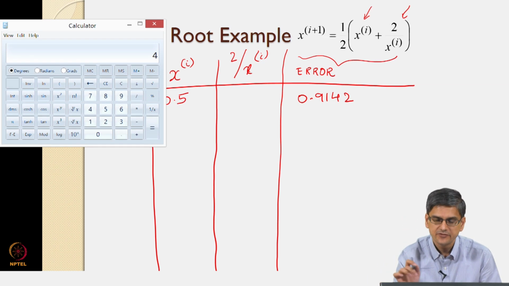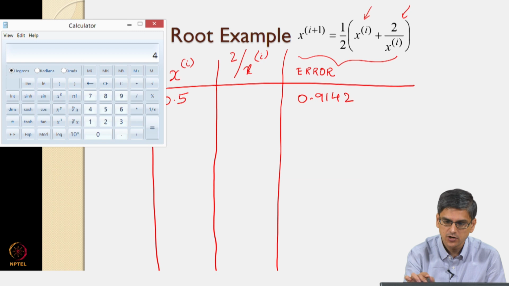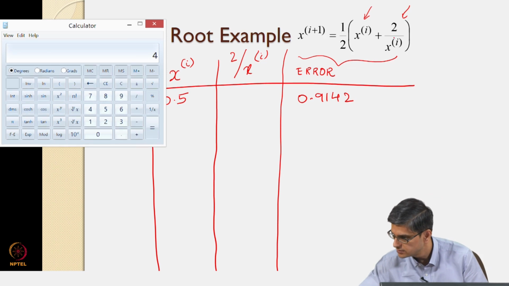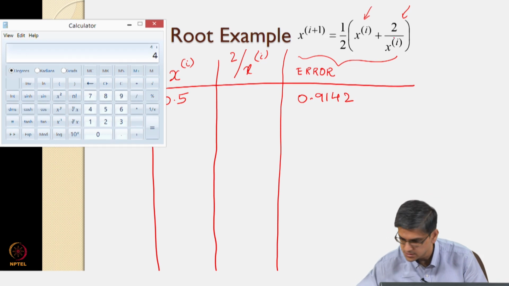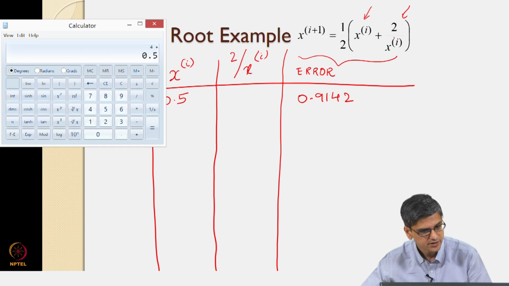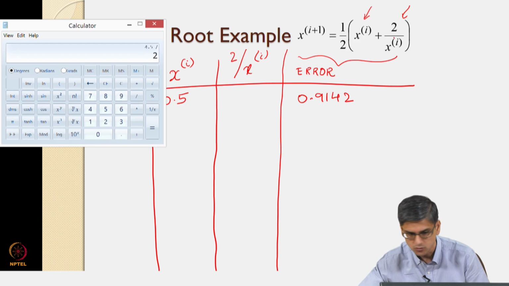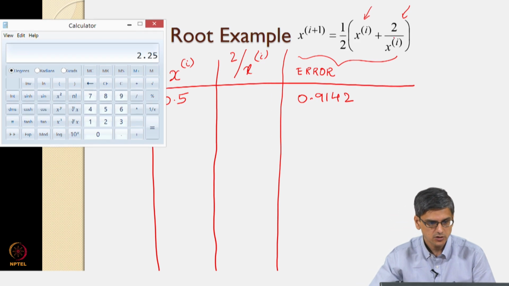Then we take the average of 4 and 0.5, that is 4 plus 0.5 equals 4.5, divided by 2, which is 2.25.